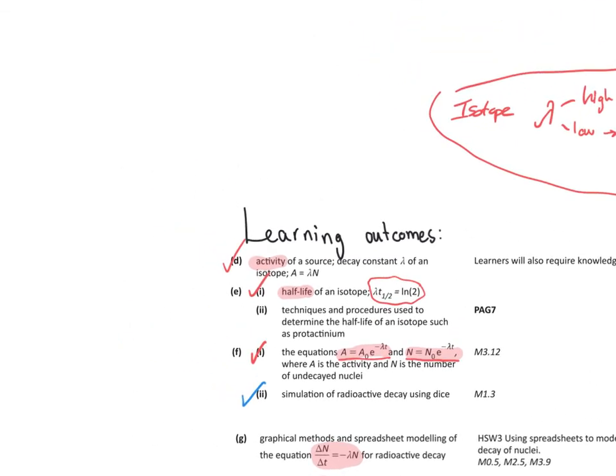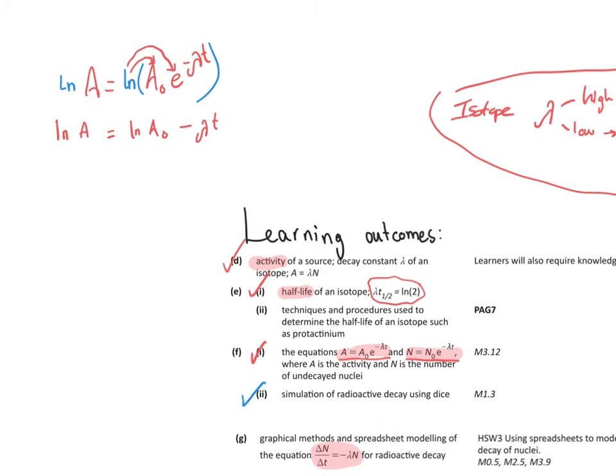So for A, if I take the natural logarithms of both sides, I end up with an expression of ln A is equal to ln A naught minus lambda t. Once again, this is how I'm multiplying it. Ln e cancels and you're left with minus lambda t.